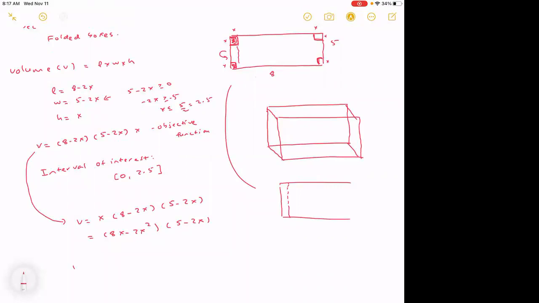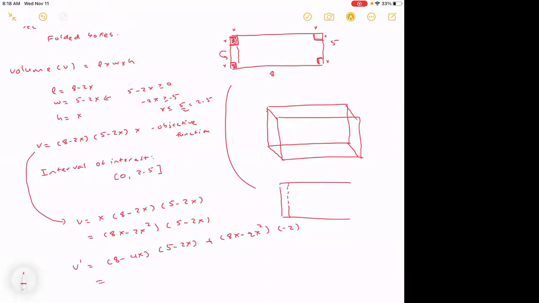And the derivative of 8x minus 2x squared is 8 minus 4x times 5 minus 2x plus you keep 8x minus 2x squared. Derivative of 5 minus 2x is negative 2.